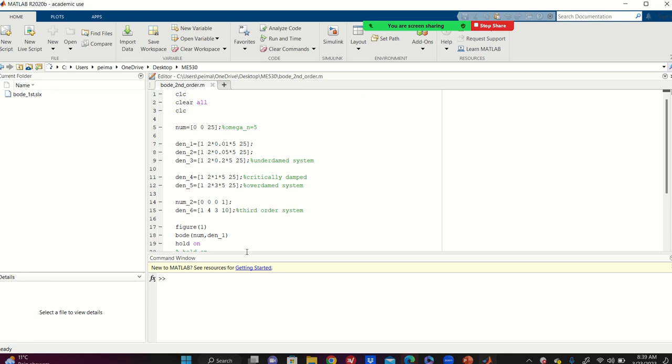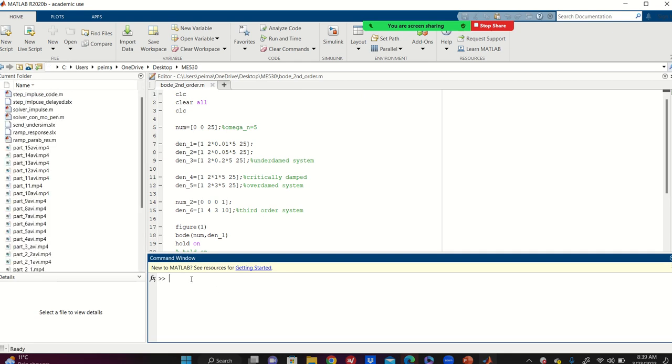Okay, so what you're gonna do, you're gonna type it here as syms variable x, okay, because we're gonna solve that equation. Hold a little. Okay, after that say solve.